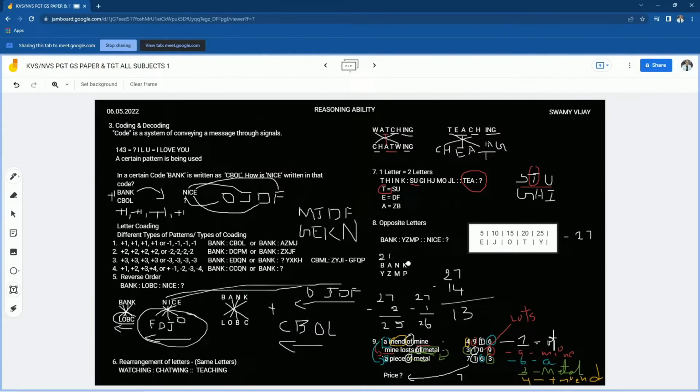नाउ बताओ K का नंबर क्या है? 11. काउंट करो.